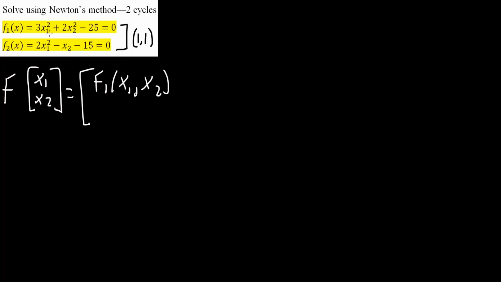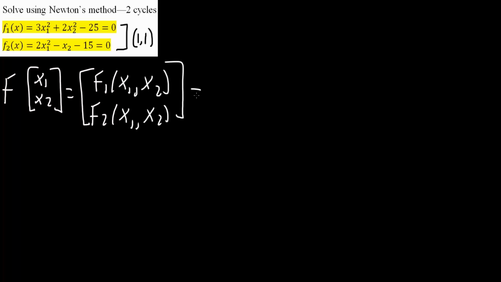F matrix x1, x2 below is equal to f1 of x1, comma, x2, because I have an x1 and an x2. Likewise, f2 of x1, comma, x2.